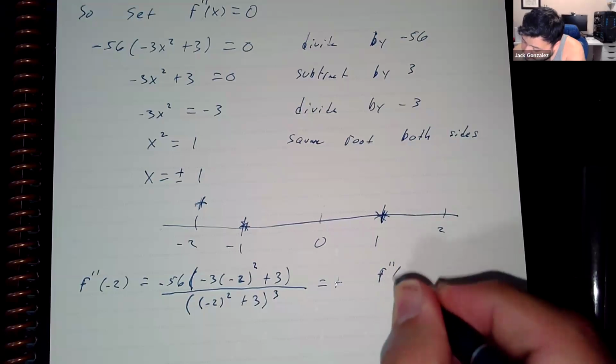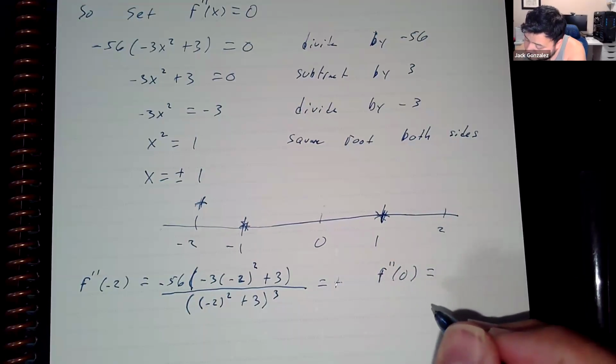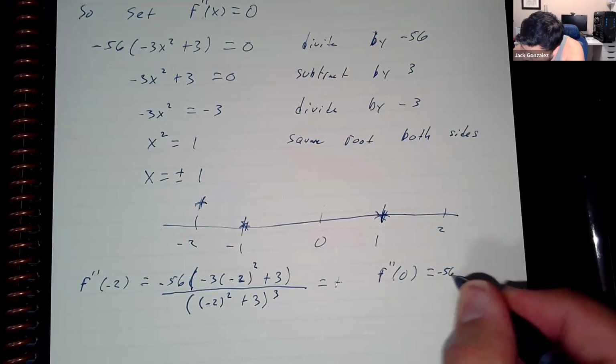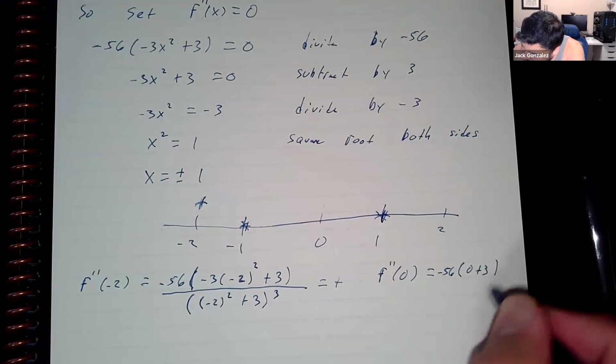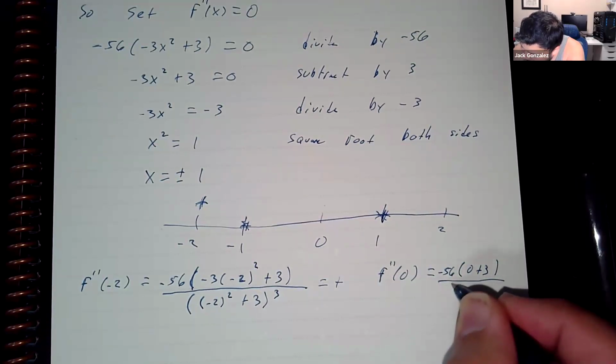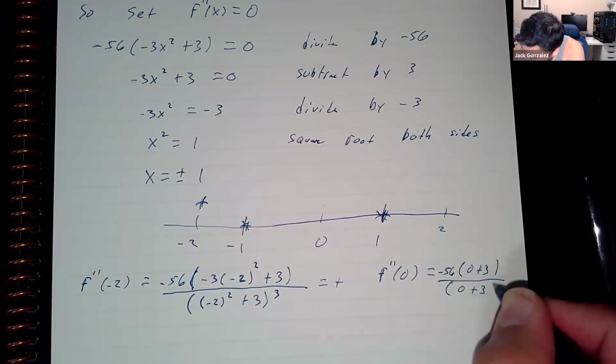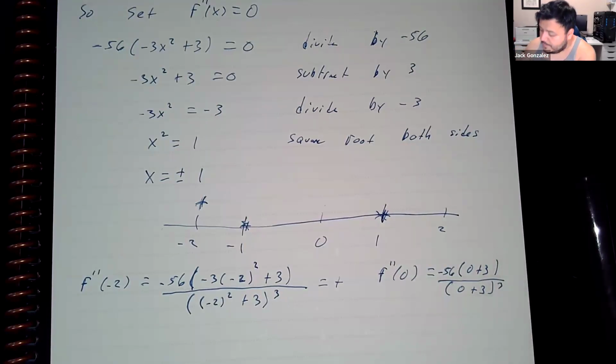f double prime at 0 is going to be, running out of space, I'm going to skip some small things here. So this will be positive, that'll be negative. So negative.